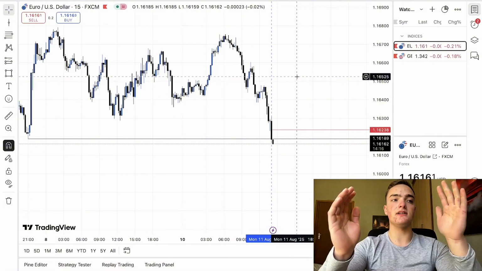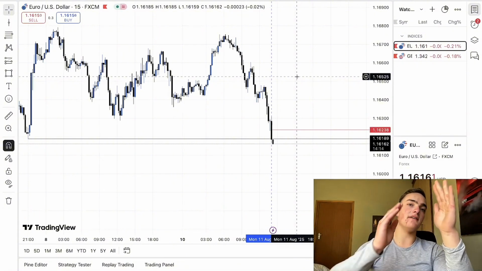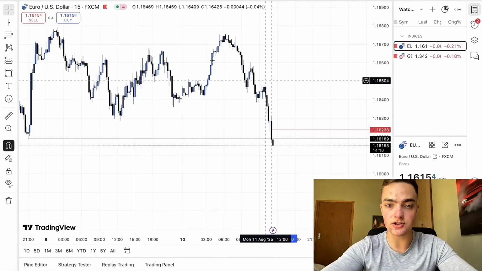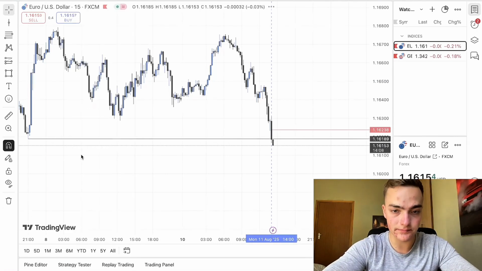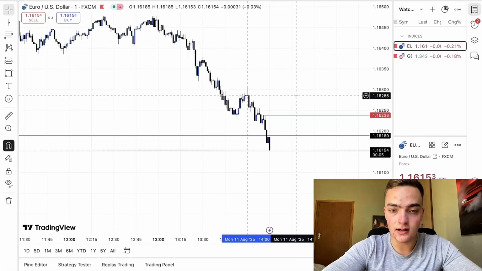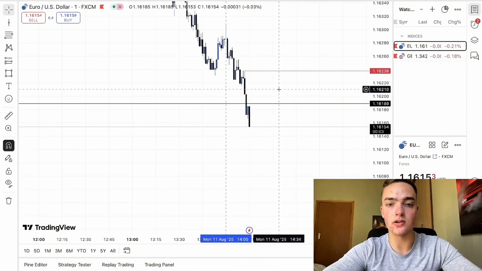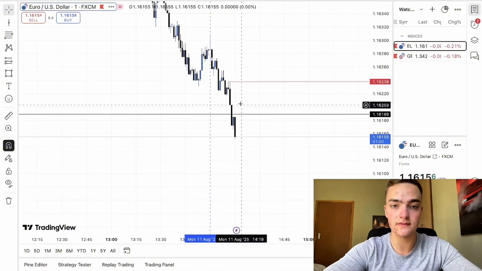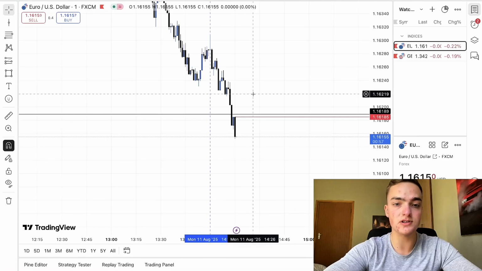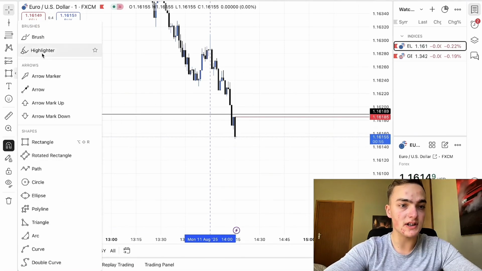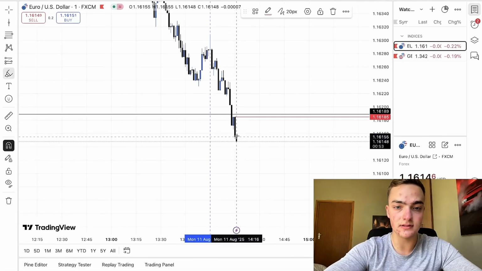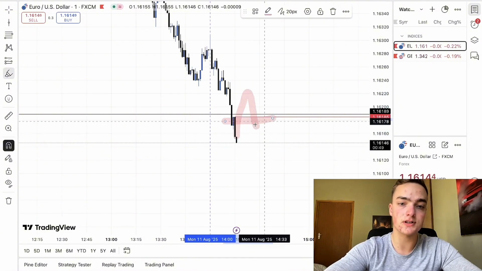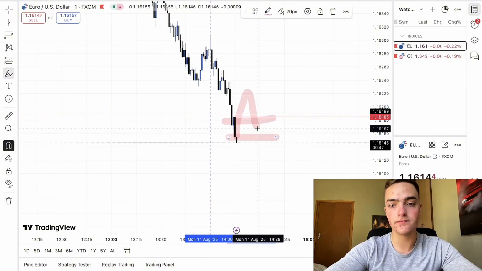I want it to close above or below the high. So in this example, let's say I wanted a long. It broke structure over here, price action did this, broke structure, came down, filled this order block.